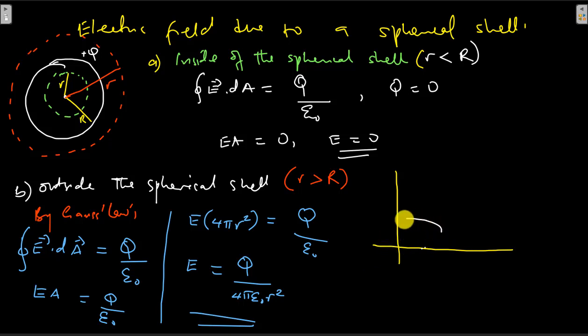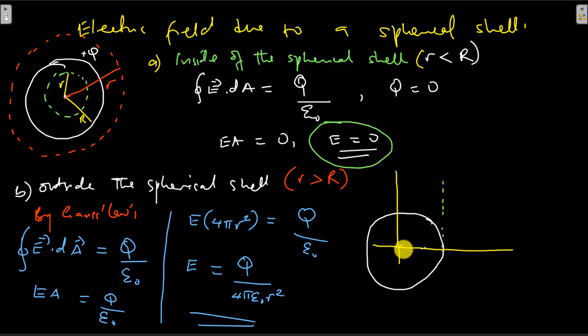At this point, this is the radius of the sphere, and we know that the electric field inside of the sphere is 0. So our electric field is 0 inside the sphere.